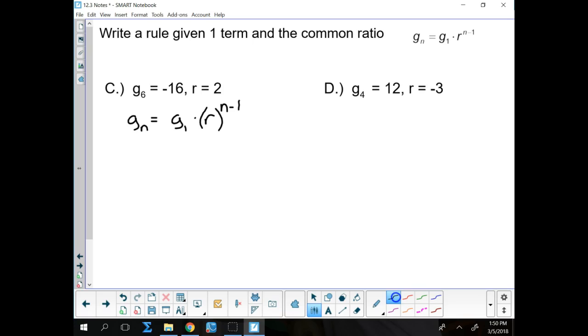Okay. What is g sub n? Negative 16. If g sub n is negative 16, that means n is 6. And what's r? 2.